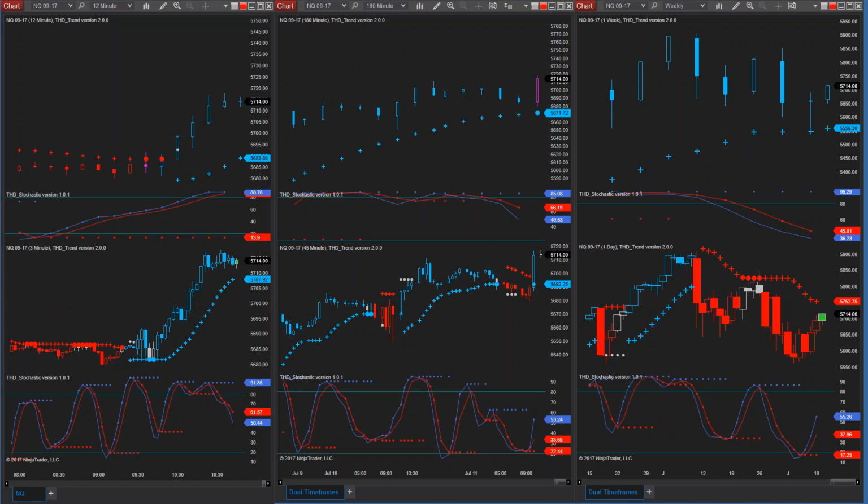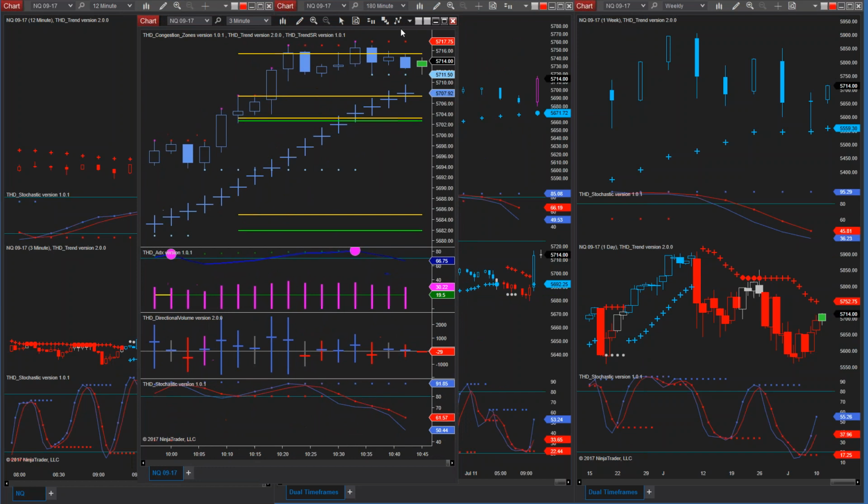Now, for those of you that were in the room earlier, remember I told you the 3-minute was probably going to retrace back to the ATR? And this is something that you see a lot. Do you see the volume divergence there? As it went back to test that high, the buyers decreased. And this is where your magenta peak came in.